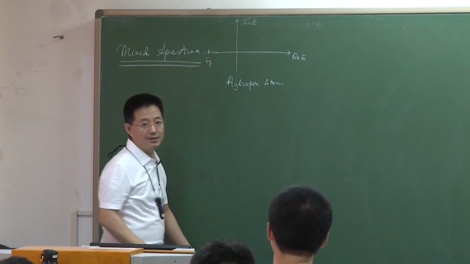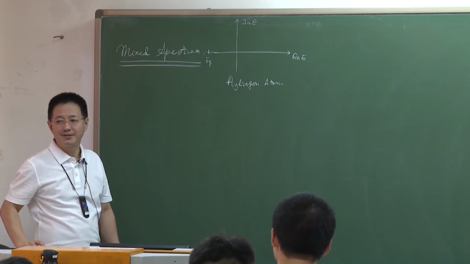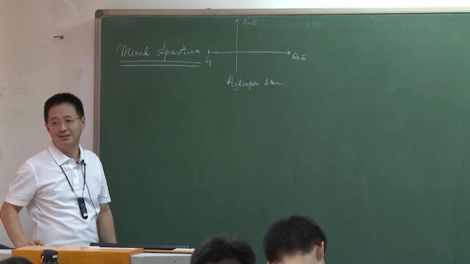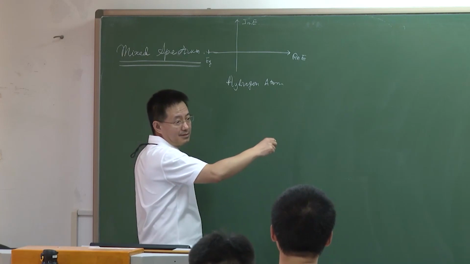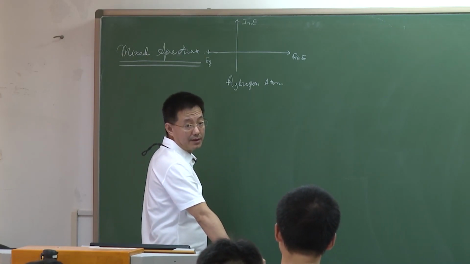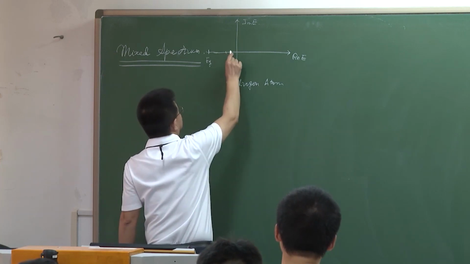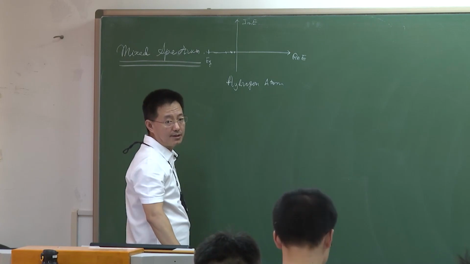That is minus 13.6 electron volts, right? That is the ground state energy. And then you have the 1 over n squared bounded state eigenvalues, right? So it's like this. It is discrete for the bounded state.